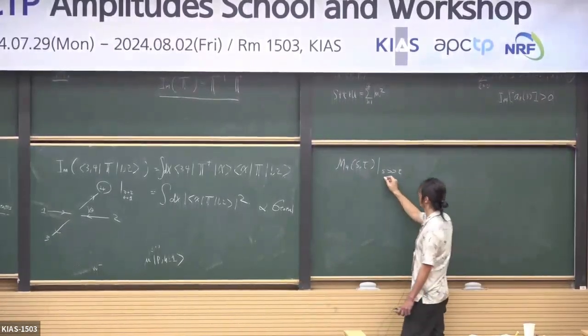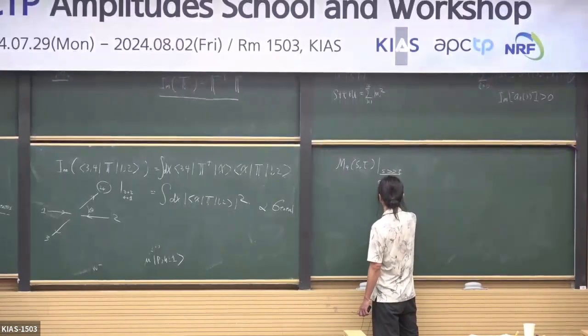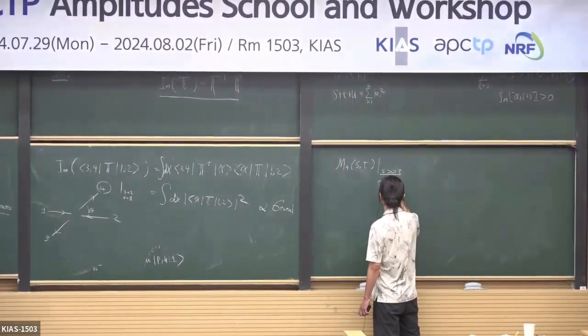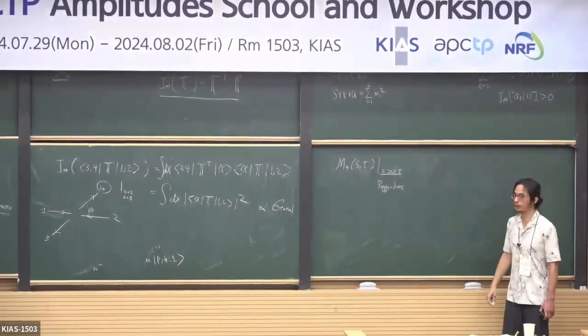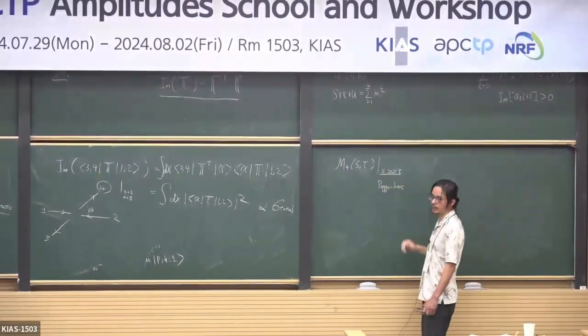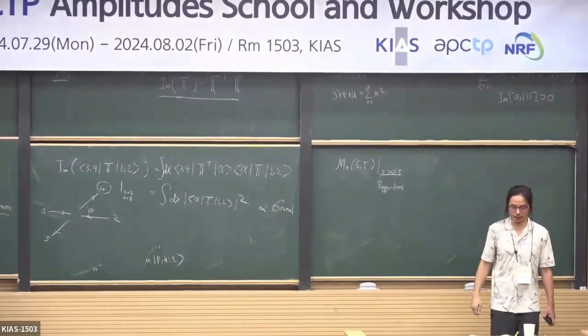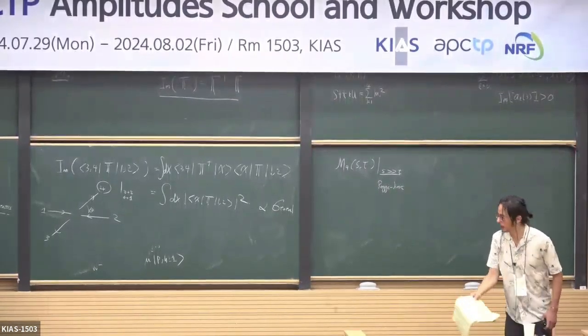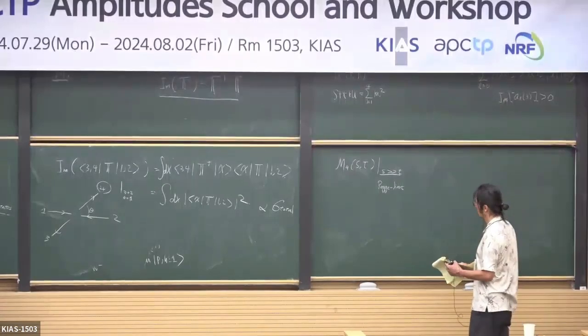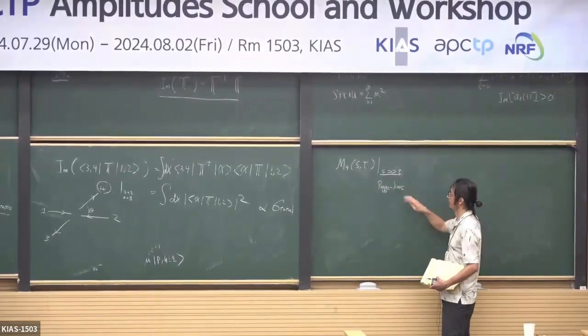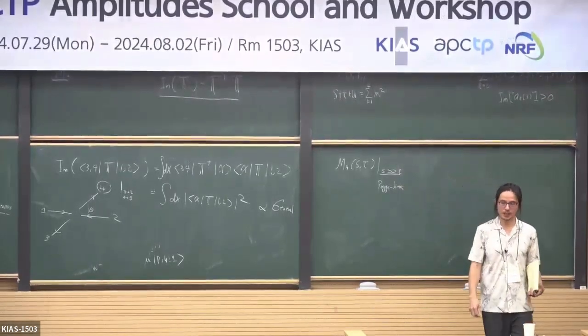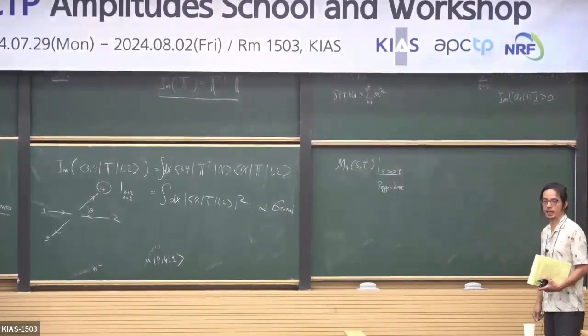This is usually called the Regge limit. This is in contrast to large energy fixed angle scattering, which would be s goes to infinity but t over s fixed. Instead, we're considering the Regge limit, which is essentially the forward limit evaluated at high energy.